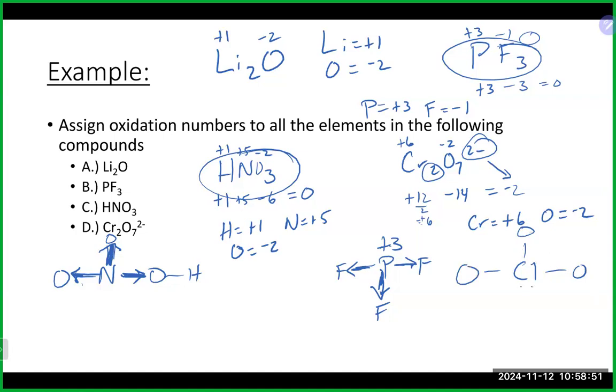Between chlorine and oxygen, oxygen is more electronegative and is going to pull the electrons away from the chlorine because they're sharing them, not transferring them. That moves the electrons away from the chlorine and makes it more positive. So with -2, -2, -2 from the oxygens and an overall -1 charge, that's -6 and -1, so a +5 for the chlorine as those electrons move away while being shared with the oxygen.